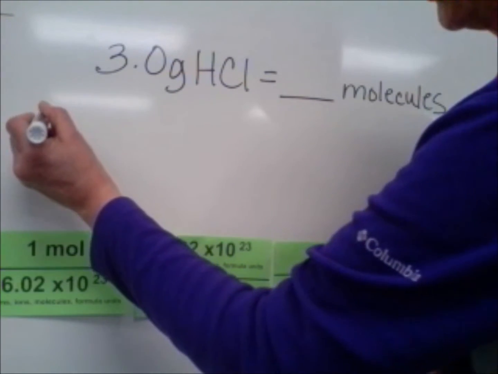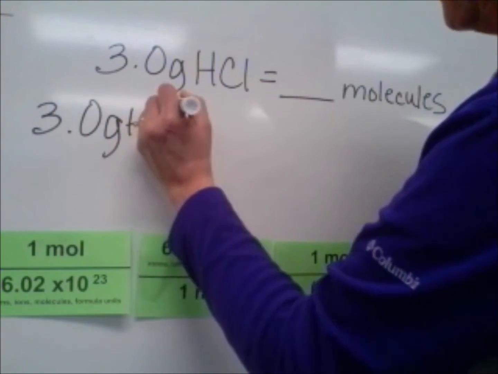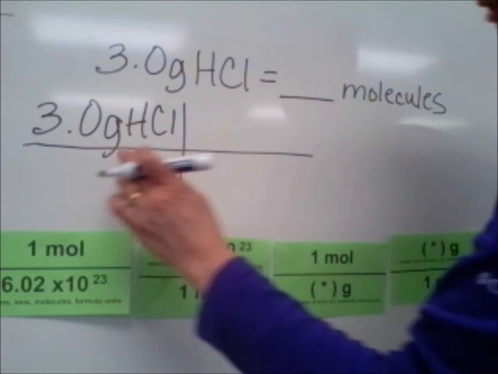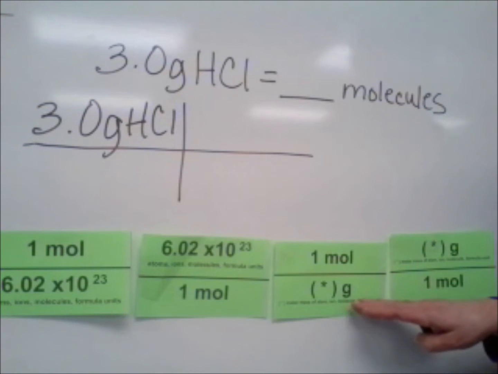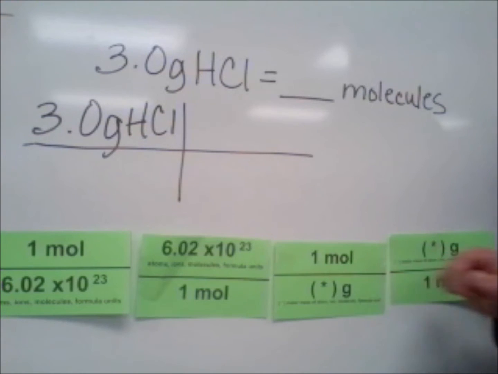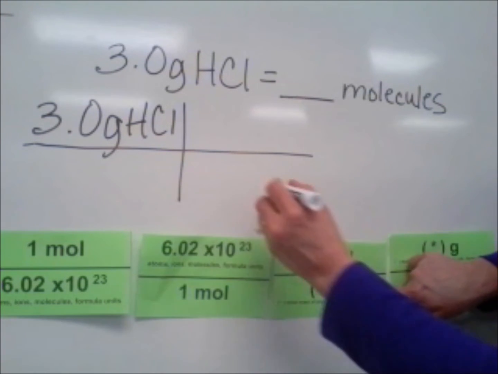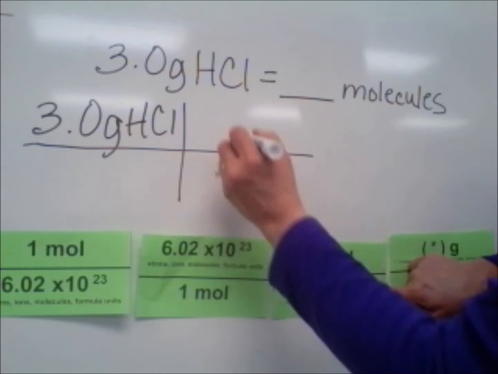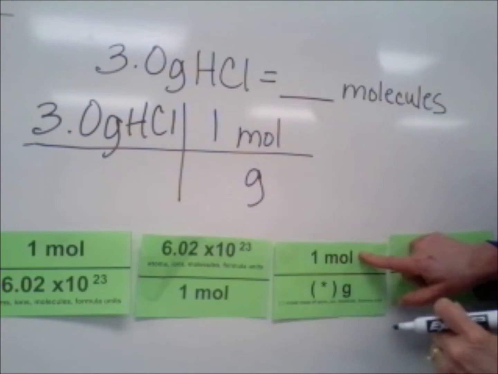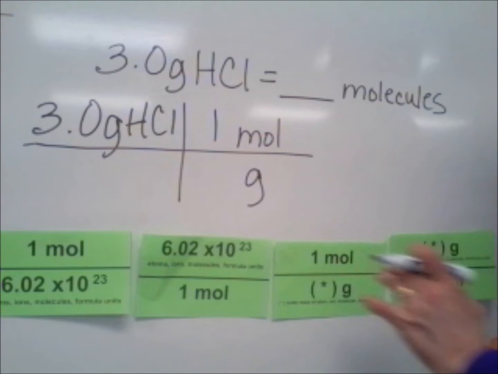So again, we start out with our 3.0 grams of HCl. Now, the only conversion factor that allows us to cancel out our grams is our gram to mole conversion, our molar mass to mole conversion. So we're going to use this particular one where the grams are on the bottom and the mole is on the top. And we're always going to go to 1 mole because we're looking at the mass of HCl in 1 mole.